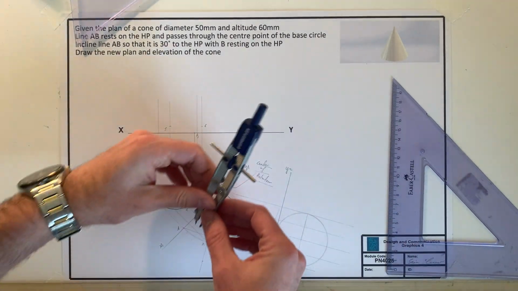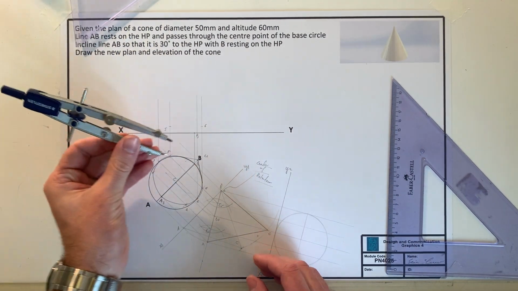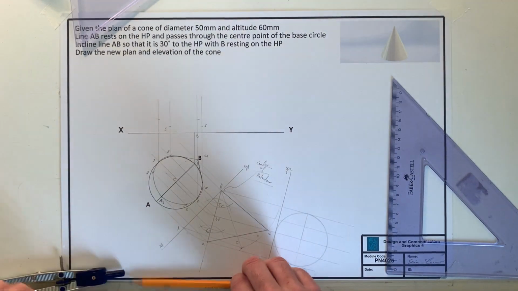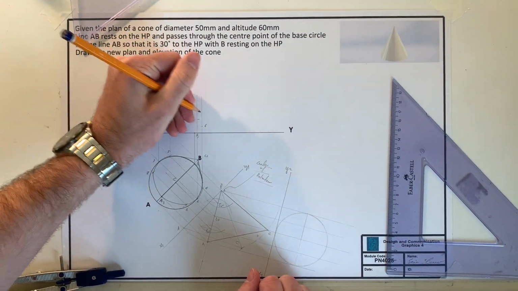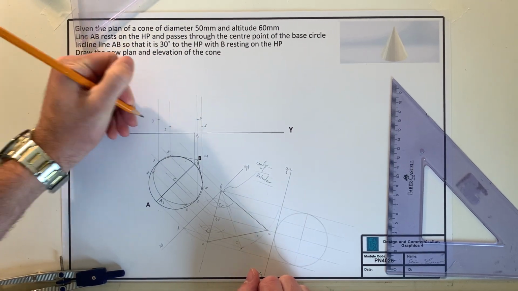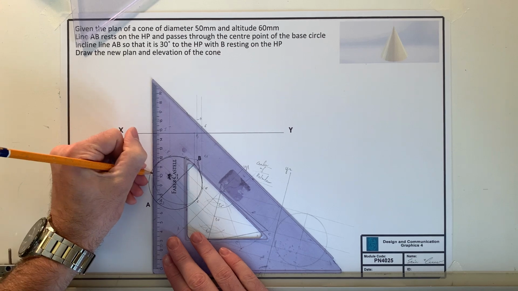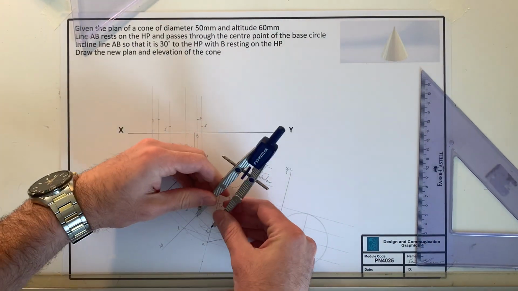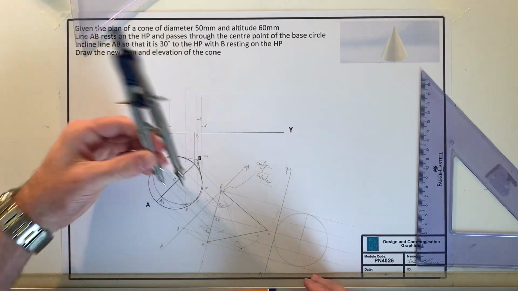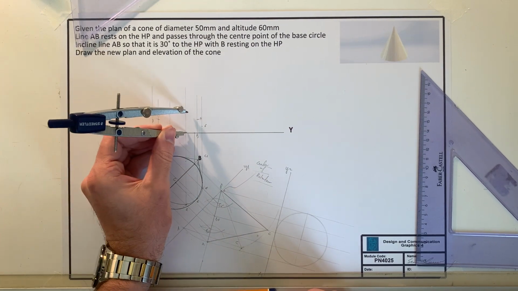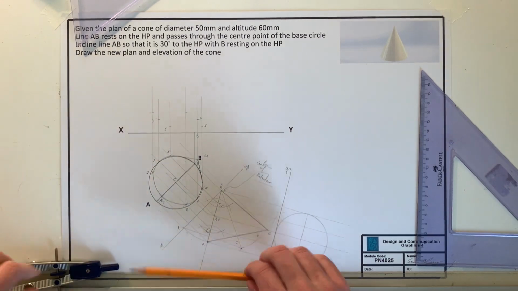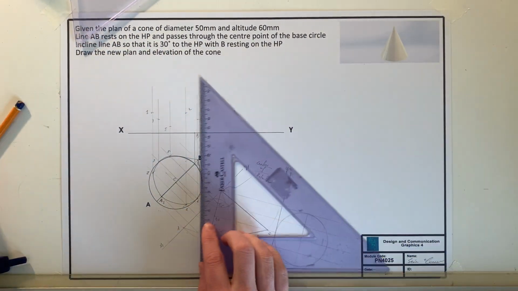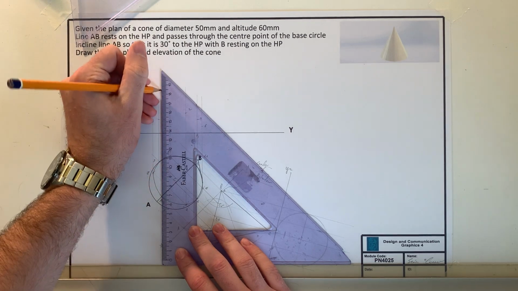Three and 4 next. One and 2. And our last one, which is going to be A1 or A.